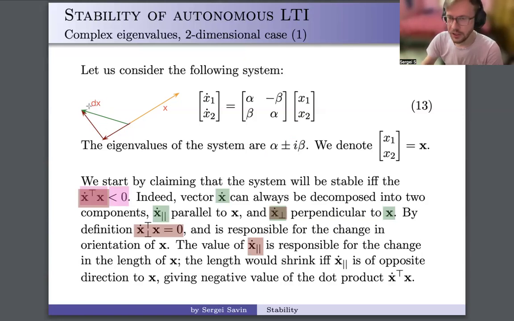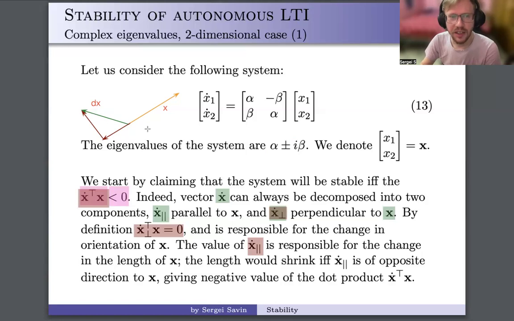X dot is the rate of change of x, right? So the component which is perpendicular to x is going to change its orientation. It's not going to change its length instantaneously. We're talking about instantaneous change. All right. What about x dot parallel? Well, x dot parallel is exactly what is responsible for the change of length of x.